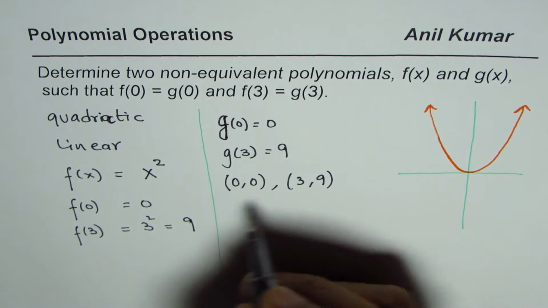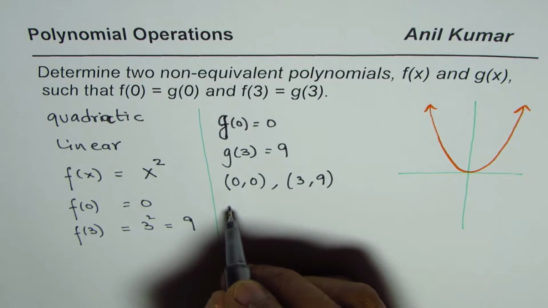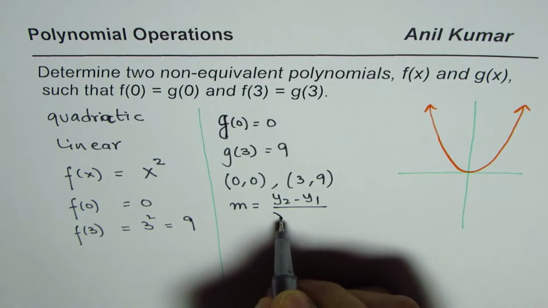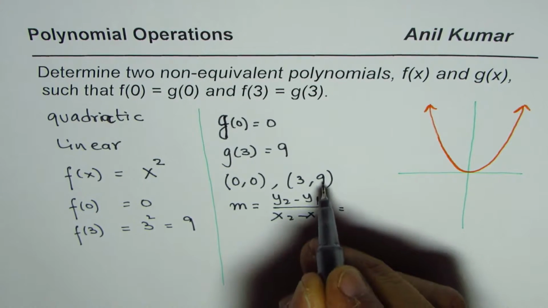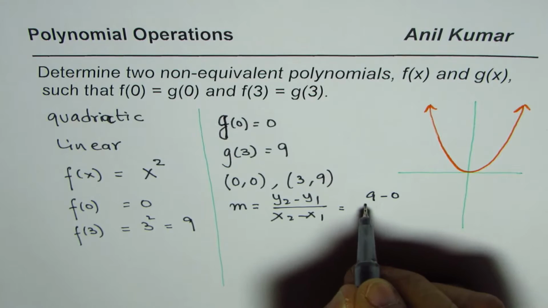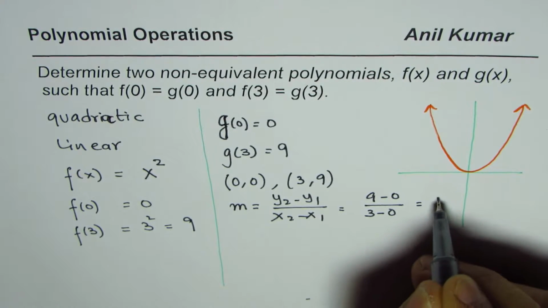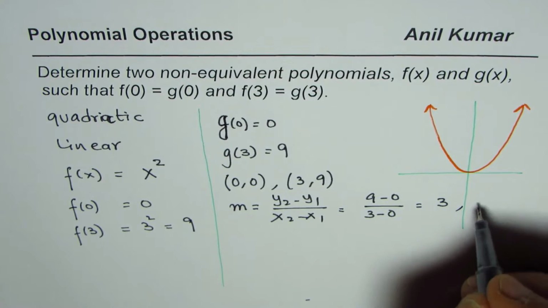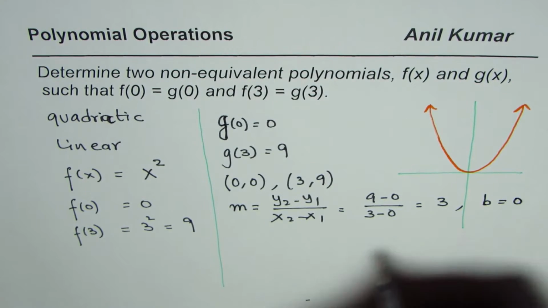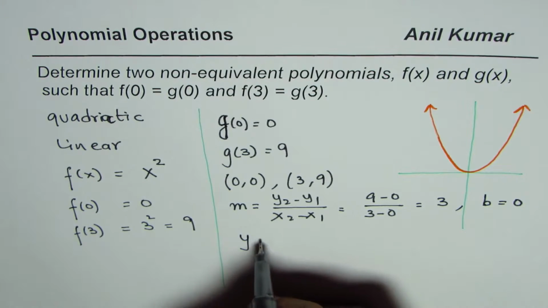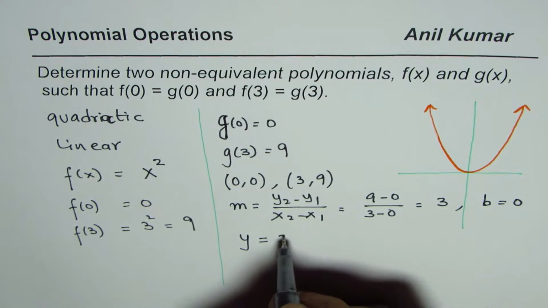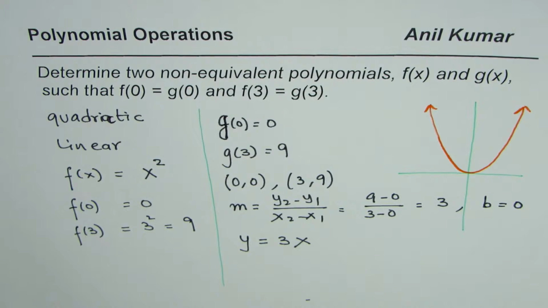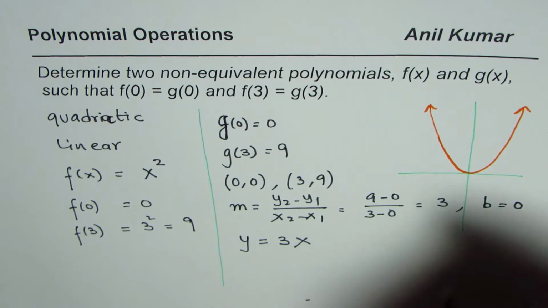We can find slope m as (y2 minus y1) over (x2 minus x1), 9 minus 0 over 3 minus 0, that is slope is 3. And since it goes through (0, 0), we know y-intercept b is 0, and therefore we can write the equation of the line as y equals 3x. So y equals 3x will be the line which will have these 2 points.